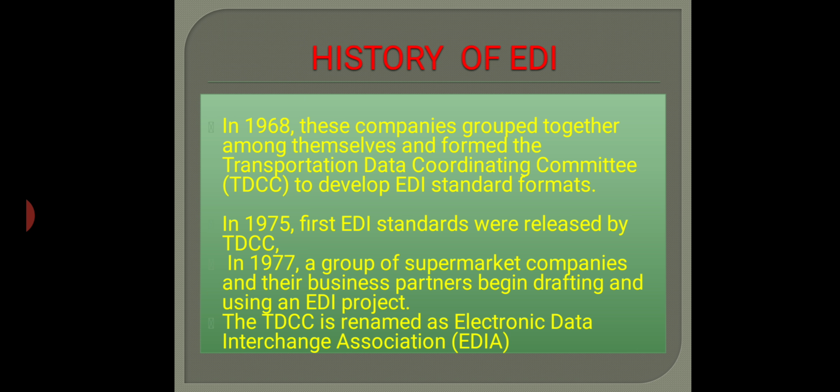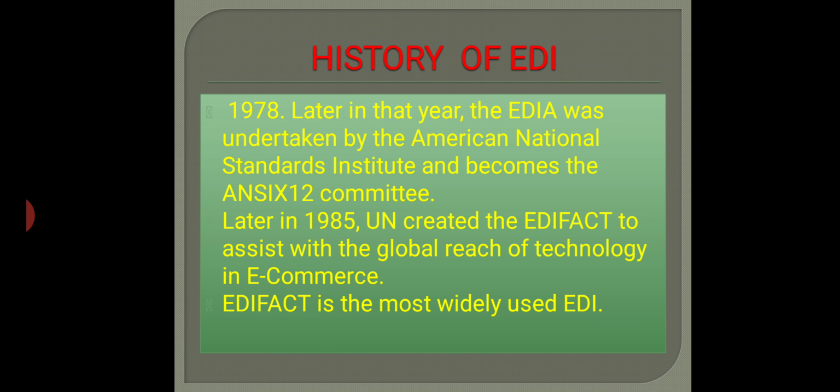The TDCC was renamed the Electronic Data Interchange Association, that is EDIA. Later in that year, the work was undertaken by the American National Standards Institute and it became the ANSI Committee. Later in 1985, the UN created EDIFACT to assist with the global reach of technology in e-commerce.